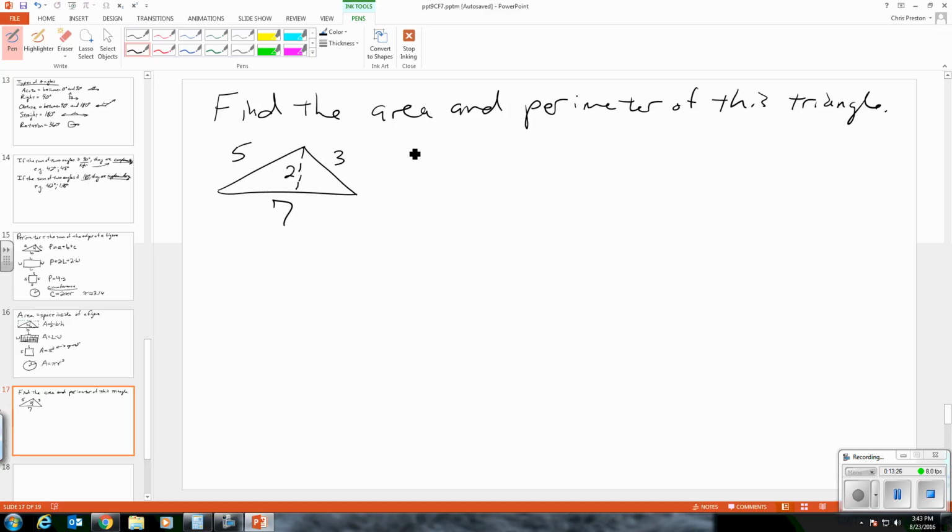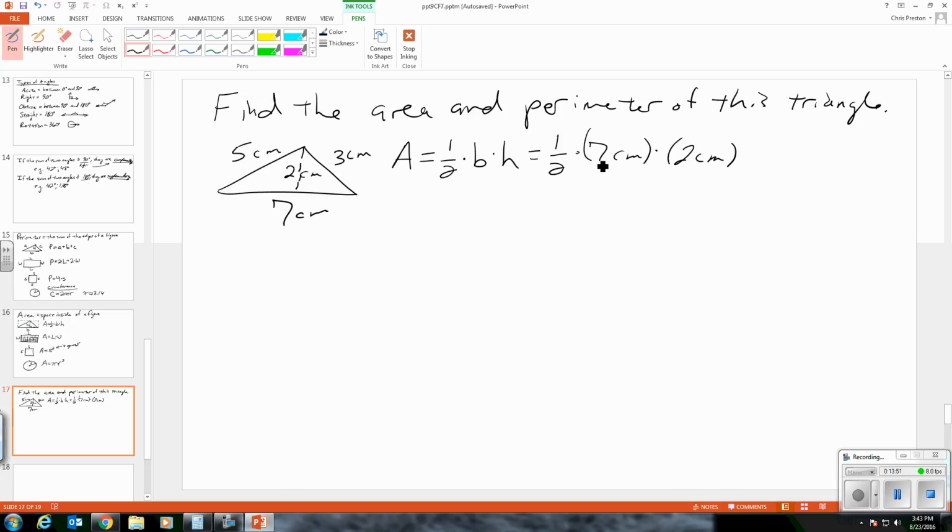Okay, so to find the area, that's 1/2 times base times height. So it's going to be 1/2. The base is 7, and we'll say these are centimeters. Give it a unit here. So 7 centimeters times, and the height is 2 centimeters.